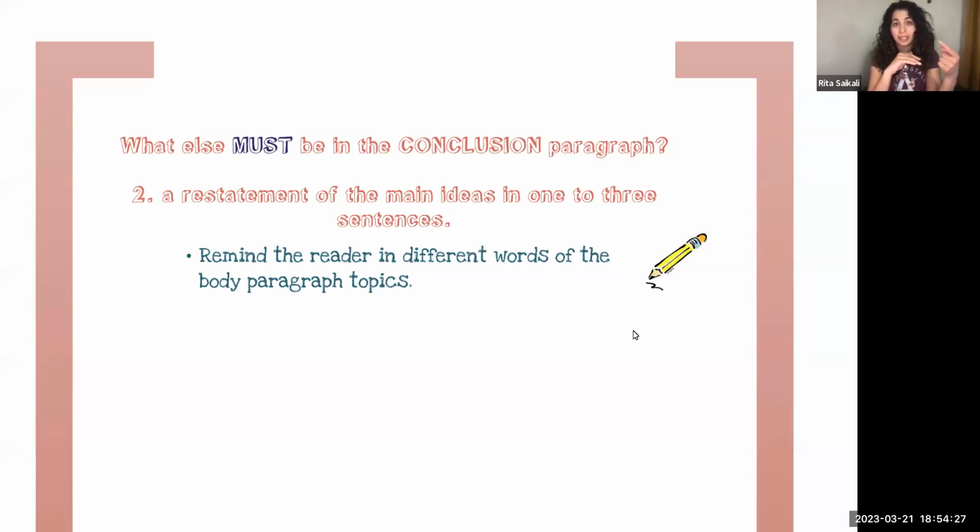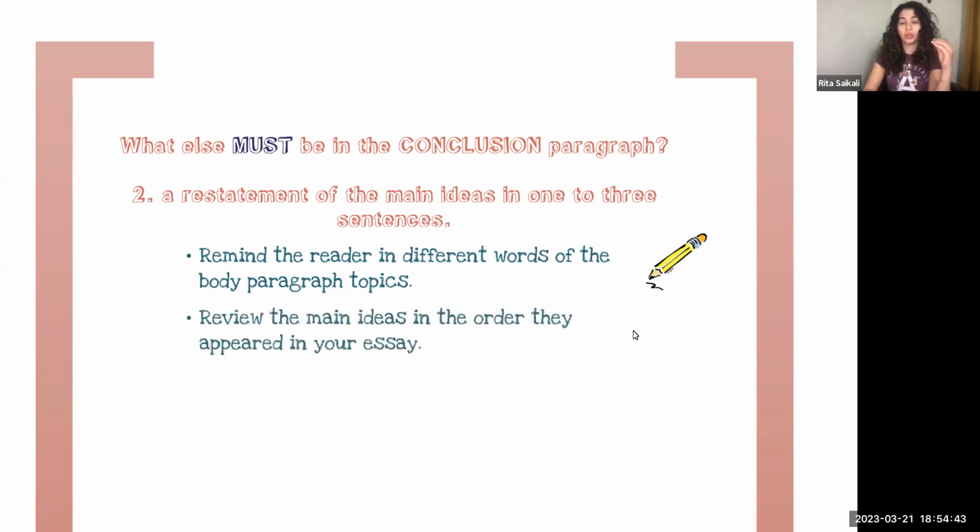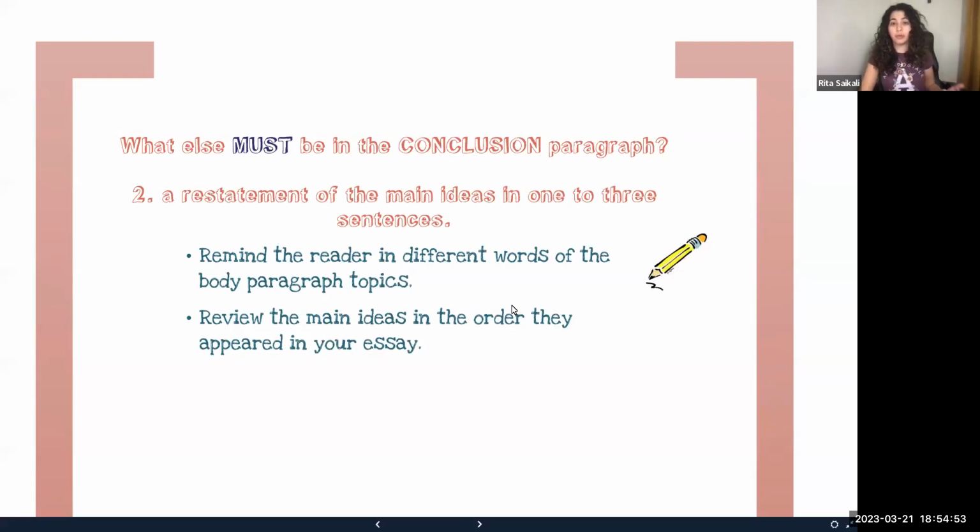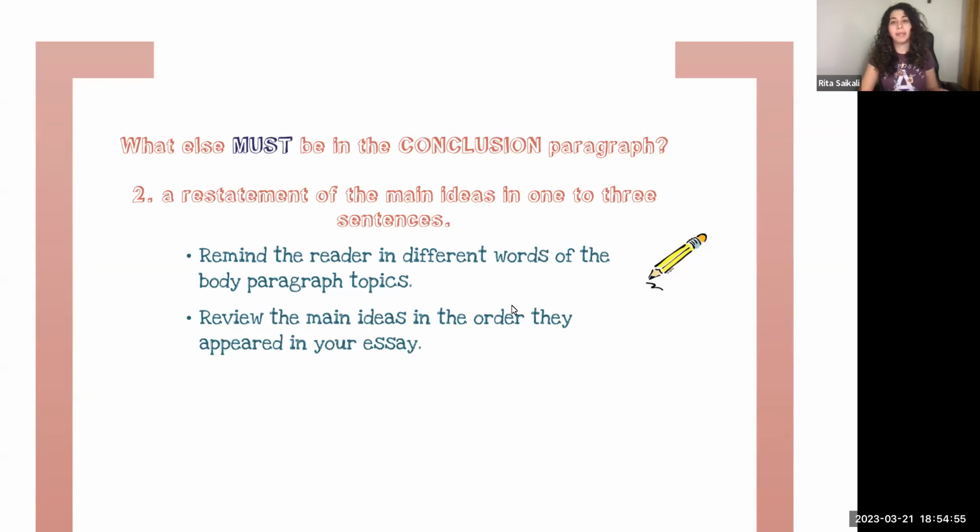So you restated the thesis, which belongs in the introductory paragraph. You then want to remind the reader of the 3 main ideas for the different body paragraphs that you have, okay? So you want to restate them, you want to reintroduce them so that it kind of summarizes everything. You want to review the main ideas in the order they appeared in your essay. So idea 1, idea 2, idea 3, same order in the conclusion. Idea 1, idea 2, idea 3.